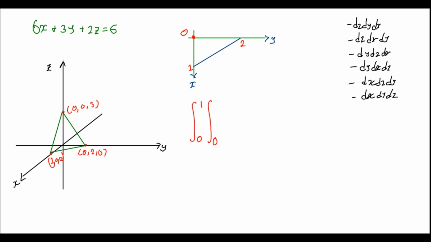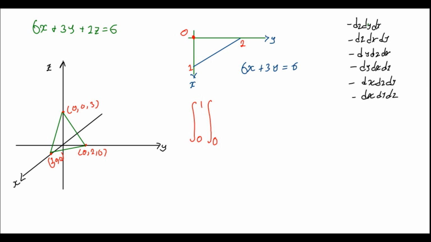Here it simply means we're just supposed to put z equal to 0. Since we are talking about y, we are going to have to make y the subject of the formula. So this would be 6x plus 3y is equal to 6.